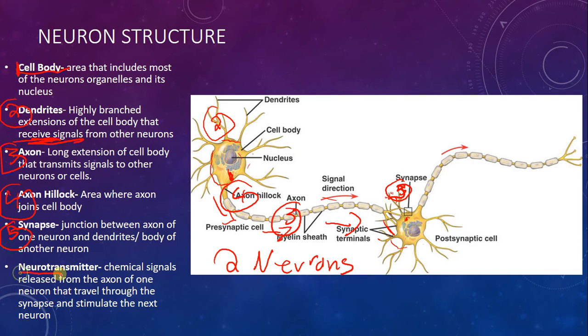And neurotransmitters are the chemical signals that are released from the axon terminals of one cell that carry that message, travel through the synapse, and stimulate this next cell. So messages travel from one neuron to the other through the synapse via neurotransmitters, which are found right there.